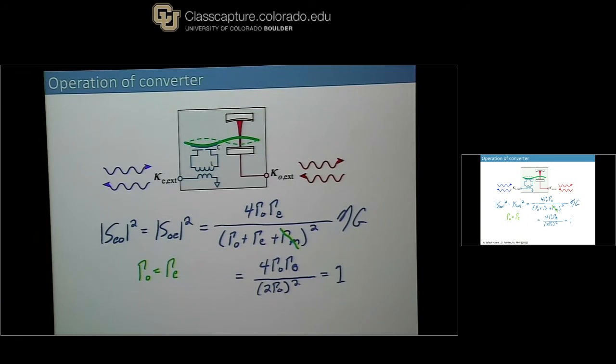So it'll also turn out, if I think about what is the total damping rate or this coupling for this coupled electrical and optical system, then I will ultimately care about a number which is gamma O plus gamma E that I'll call gamma total. And that'll end up being the bandwidth of the converter.